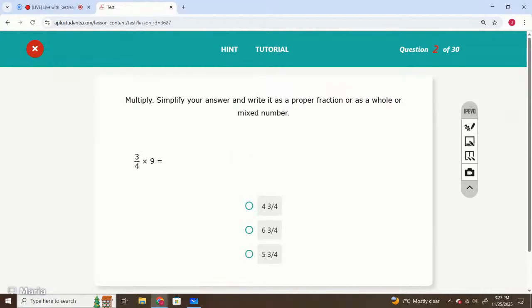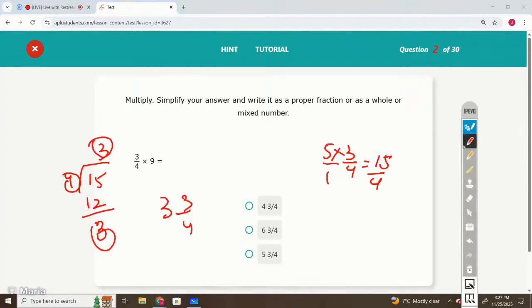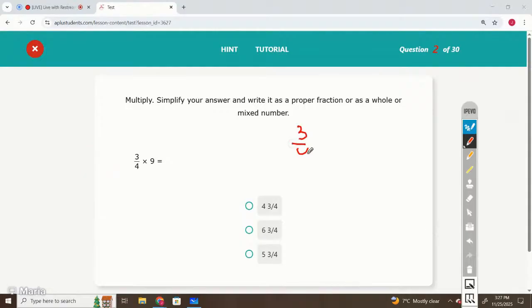Okay, simplify. 3 by 4 times 9. So you have to do 3 by 4 times 9 over 1. 3 times 9 is 27 and 4 times 1 is 4. 9 times 3 is 27.